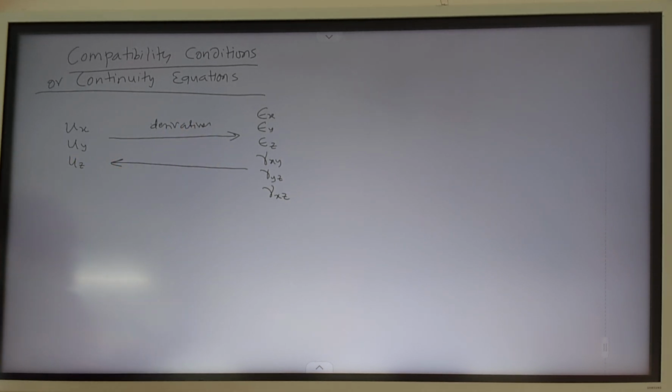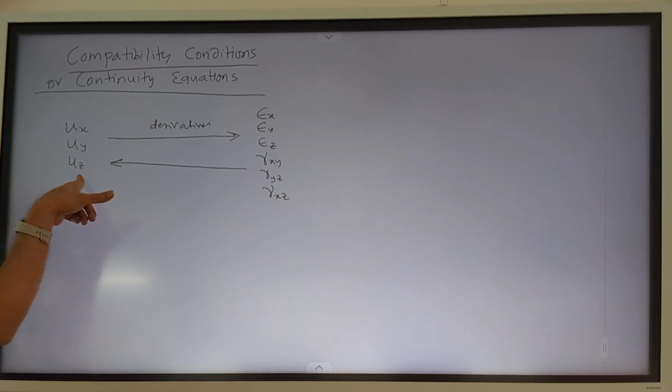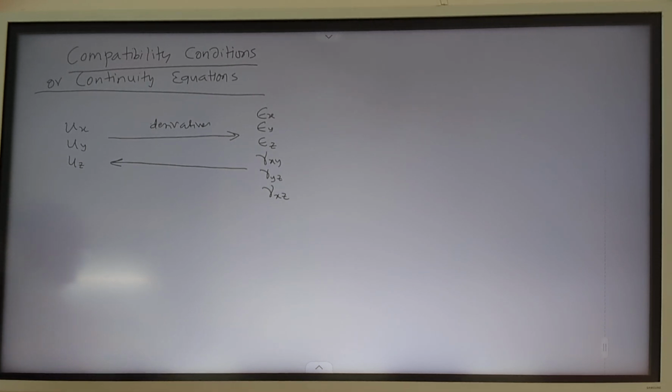So there is some relationship between the strains which ensures that the displacement solution you get is free of any voids or discontinuities. So for example, if you have some body which is having a crack, and if you pull this particular body, before you deform, all points along this line are at one point.